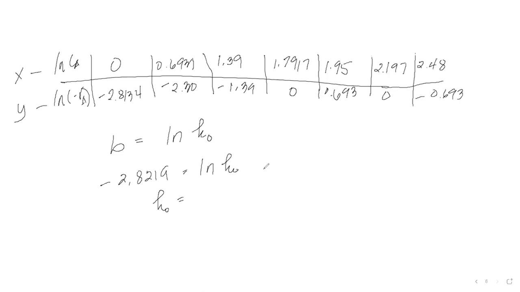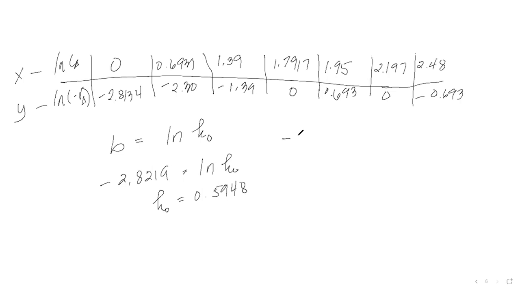Raise everything to e. E raised to negative 2.8219 is 0.5948. Okay, so that would be our k sub o.